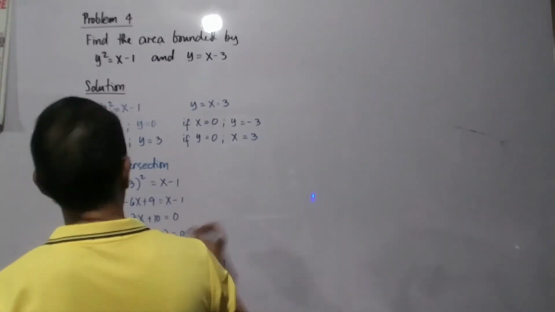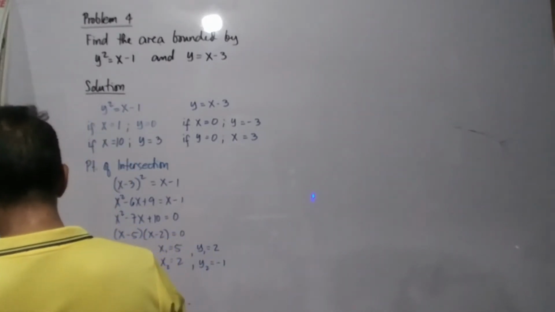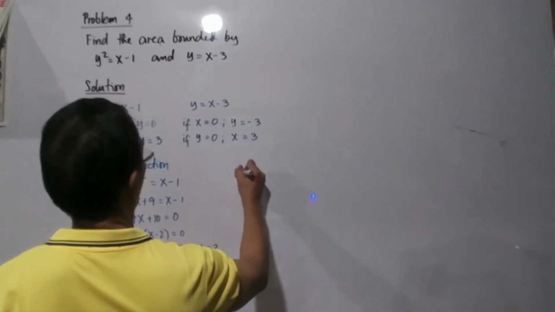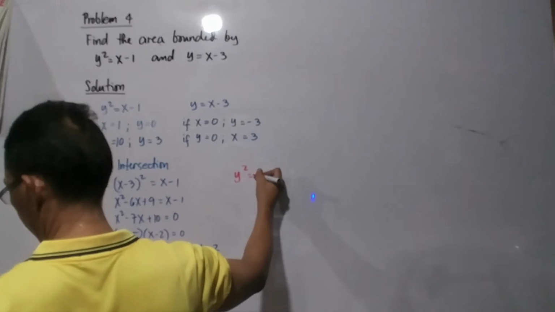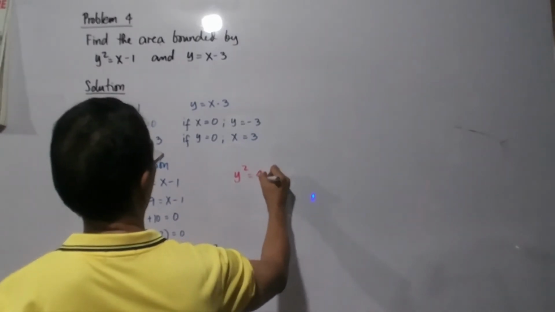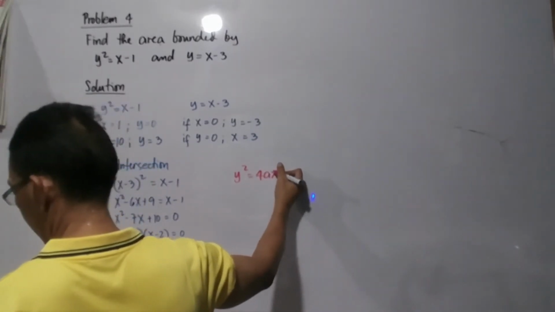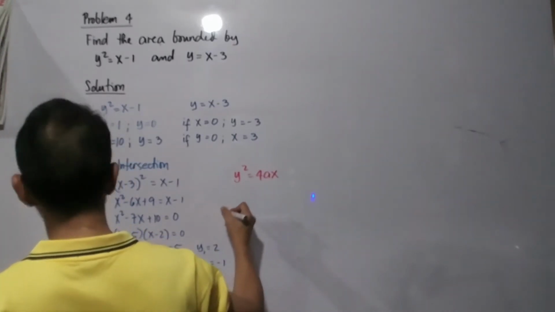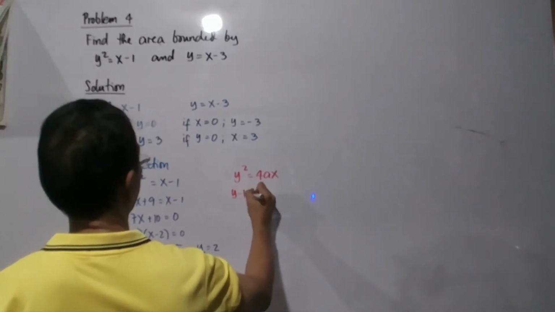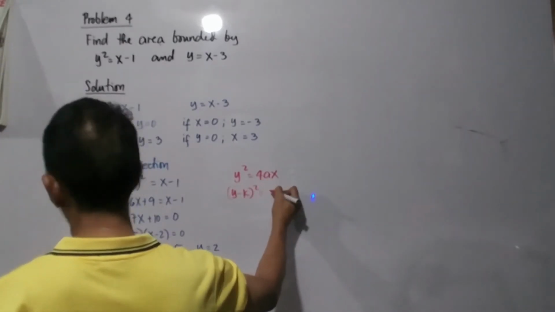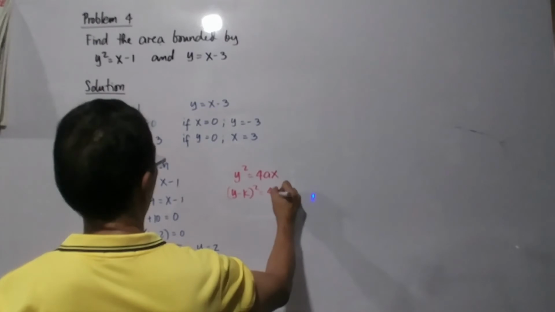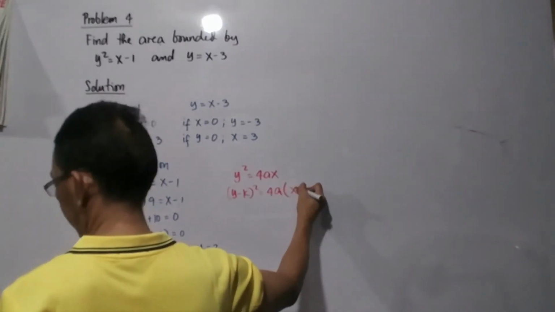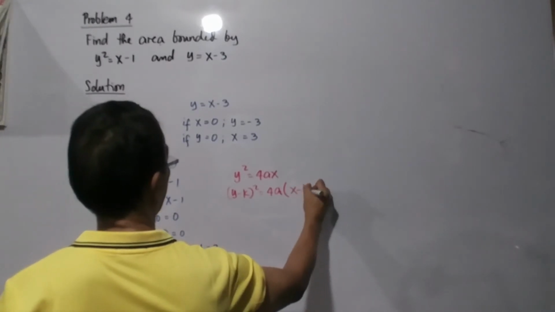So, from analytic geometry, we have y squared equals 4ax. So we have now y minus k squared equals 4a times x minus h.